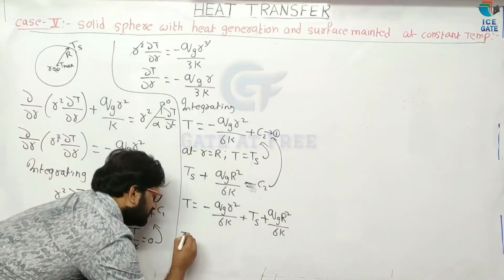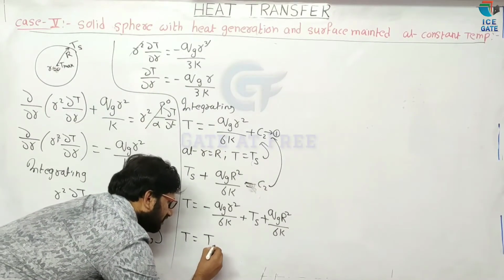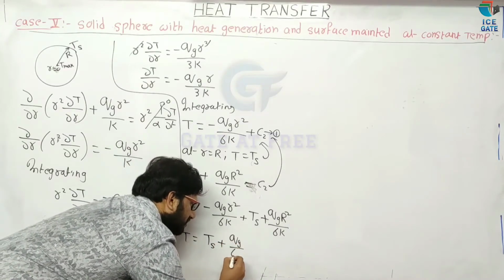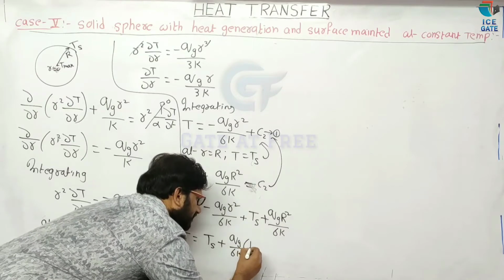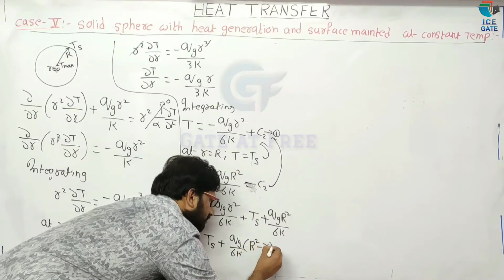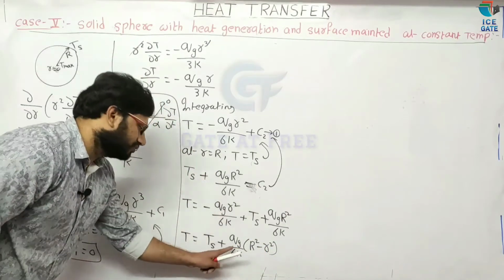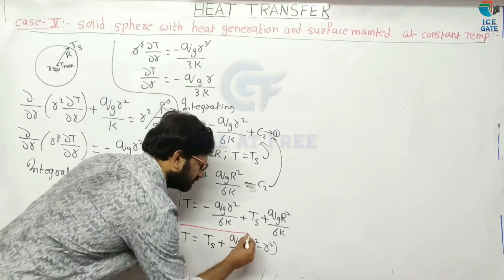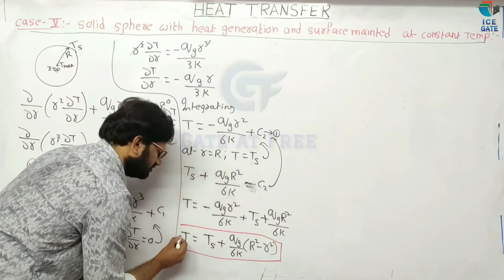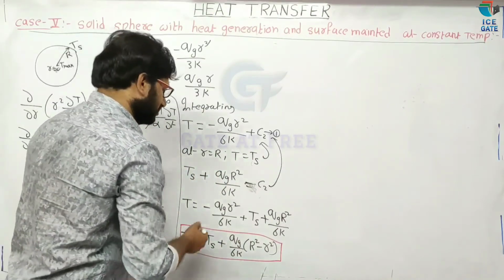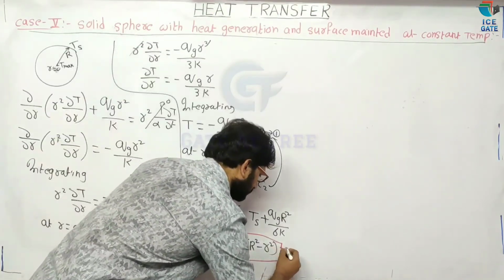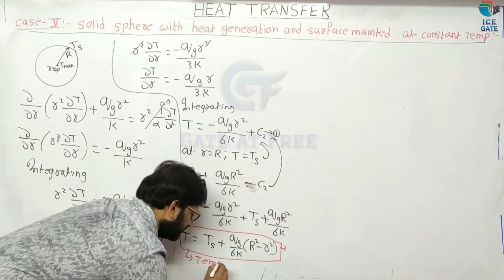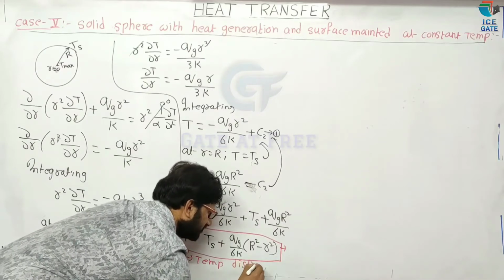This can be simplified as T is equal to Ts plus, taking common, Qg/6k times (capital R² minus small r²). For a cylinder, it is Qg/4k. This is the difference. Now this is the temperature distribution function in a solid sphere.